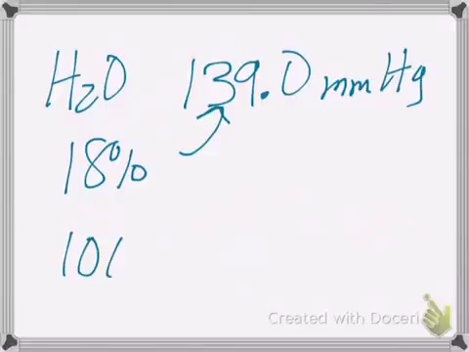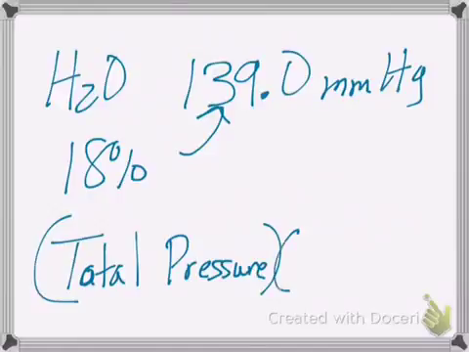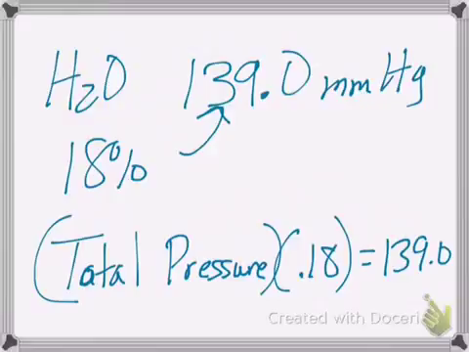So if 100% makes up our total, and 139 of it makes up 18%, then you know that if you took the total pressure and multiplied that total pressure by the decimal form of the 18%, it would equal 139.0 millimeters of mercury.